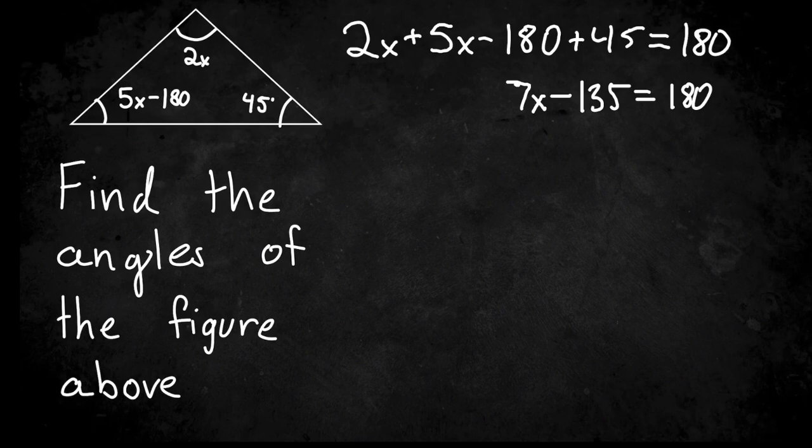Now we're going to use something called inverse operations. For example, we are subtracting 135, so instead we are going to add, right? And since we're adding on this side, we also have to do it on the other side of the equation to keep the balance.